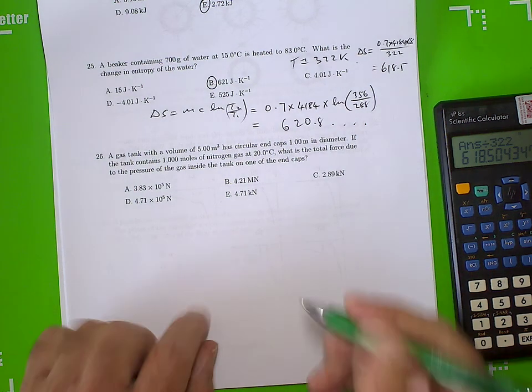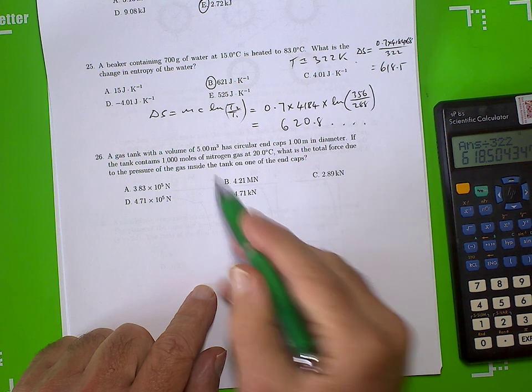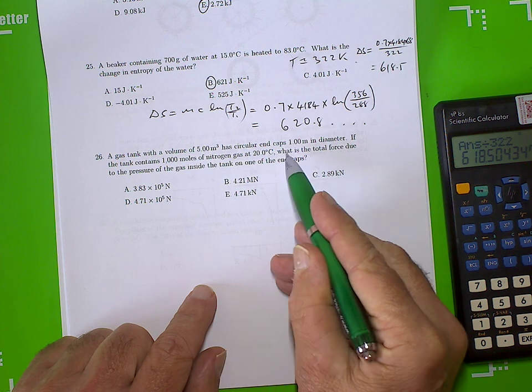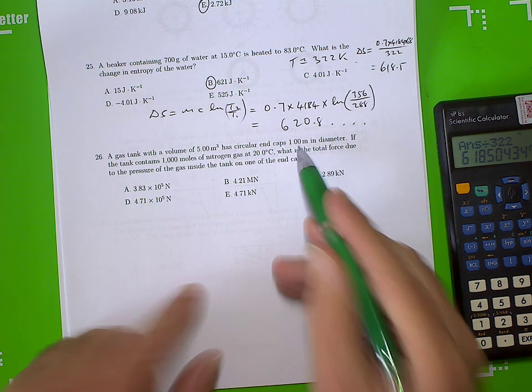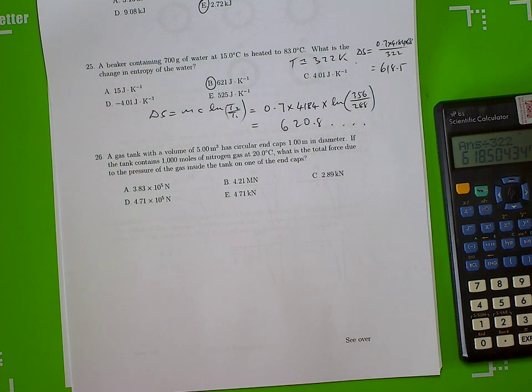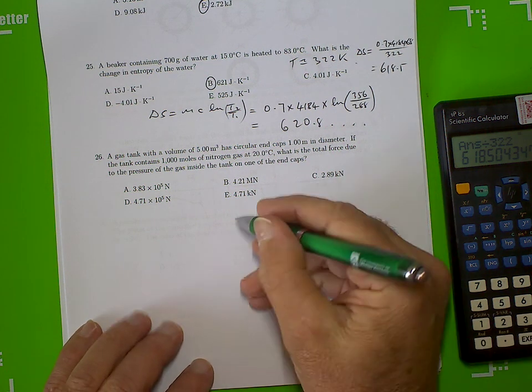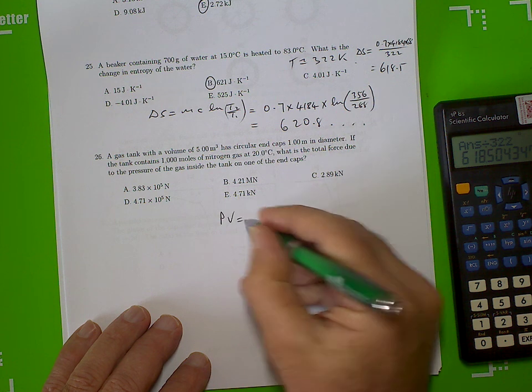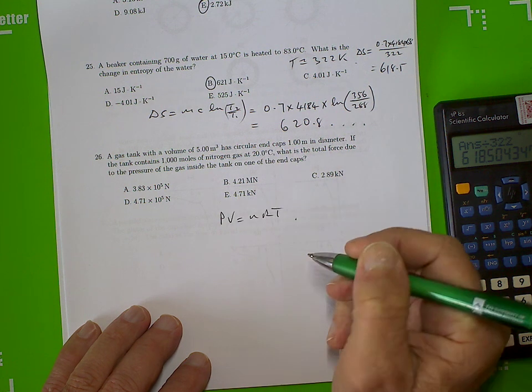Last heat and thermo question from the 2015 exam. A gas tank with a volume of 5 cubic meters has circular end caps 1 meter in diameter. If the gas contains 1,000 moles of nitrogen at 20 degrees C, what is the total force due to the pressure of the gas inside the tank on one of the end caps? Is this hard? I don't think so. Let's go. PV equals nRT.